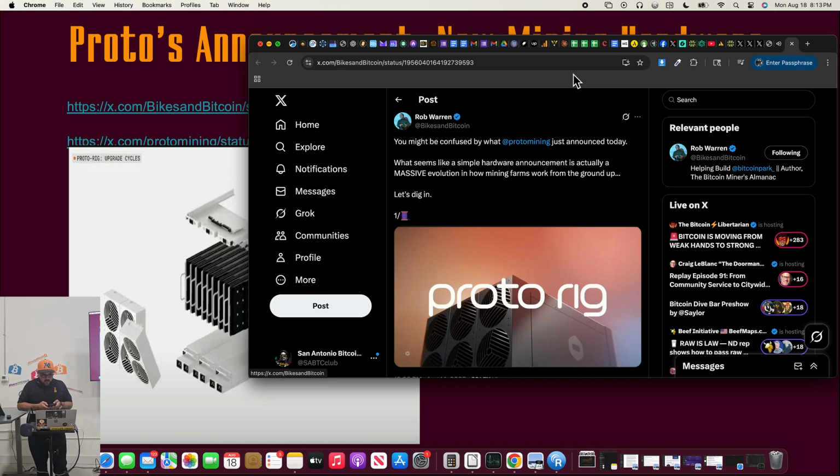Okay, so it's the same picture basically that I'm looking at here. They treat the chassis as the machine, as farm infrastructure, and allow you to hot swap the boards, the fans, and the power supplies as technology advances. So you'll probably pay more initially to set it up, but with Proto machines, after the chassis and infrastructure costs, the rig should be much more profitable over time.